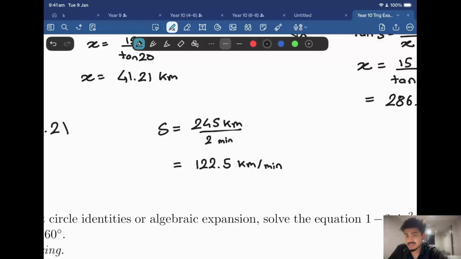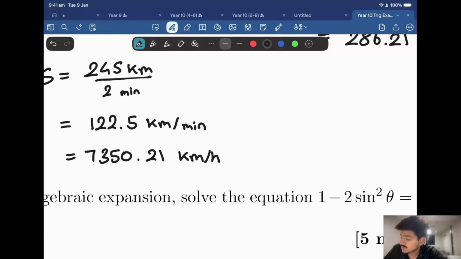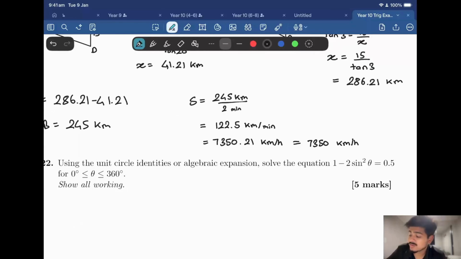And I'm going to times that by 60 to get to kilometers per hour. So times by 60, I get 7350 kilometers per hour, to the nearest whole number, which sounds about right for the speed of a missile.